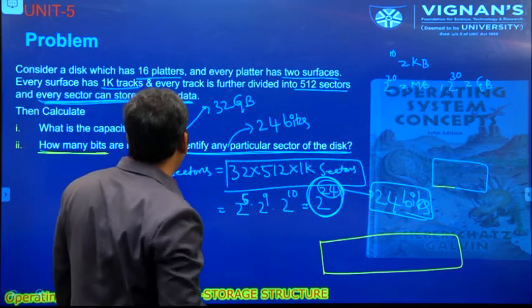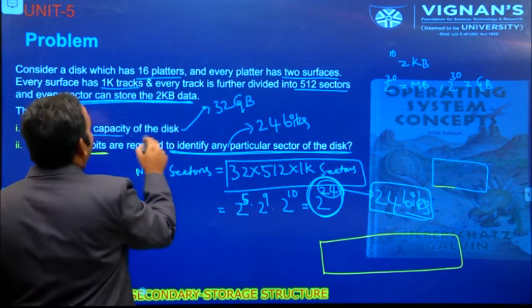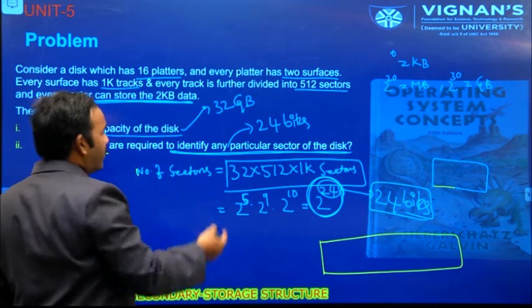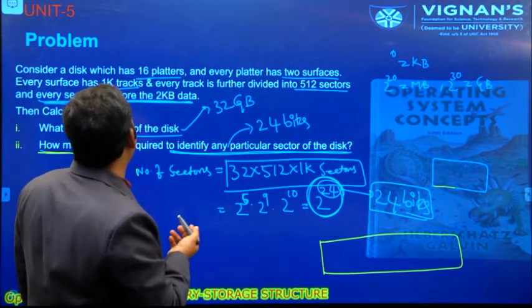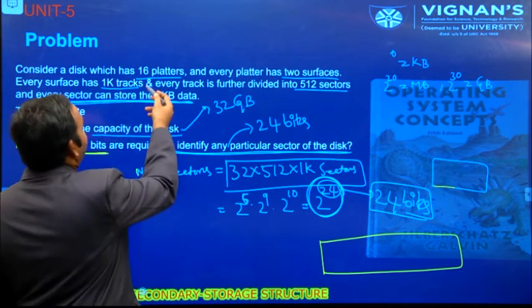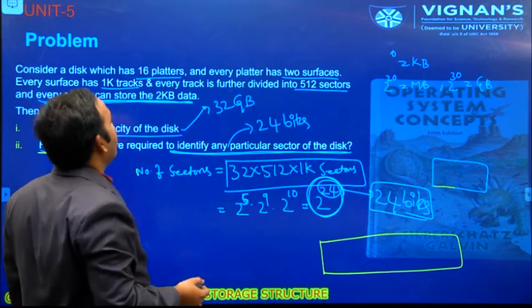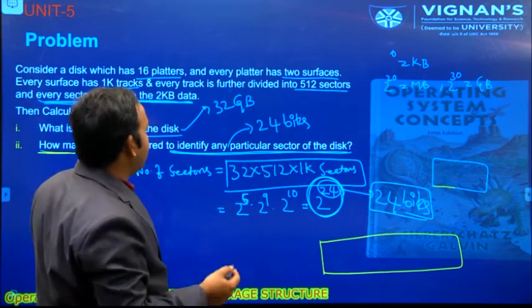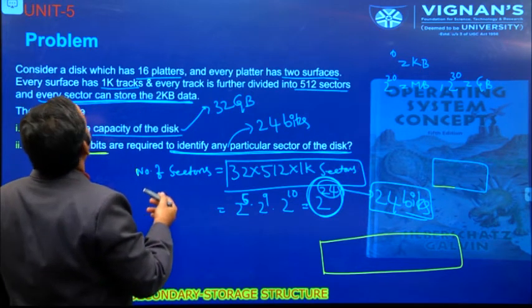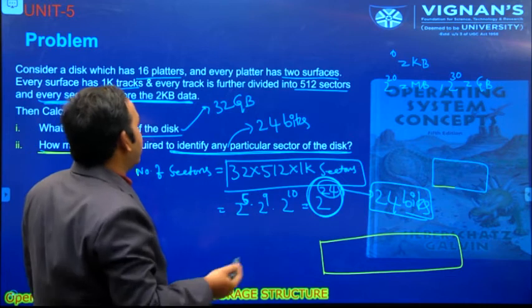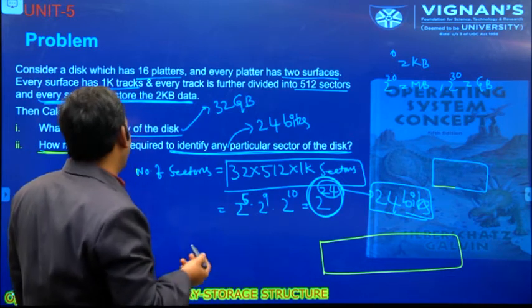Based on this type of data, it is possible to calculate the capacity and the number of tracks. If they ask how many tracks in the disk, how many sectors, or how many tracks for 2 surfaces, you can calculate.